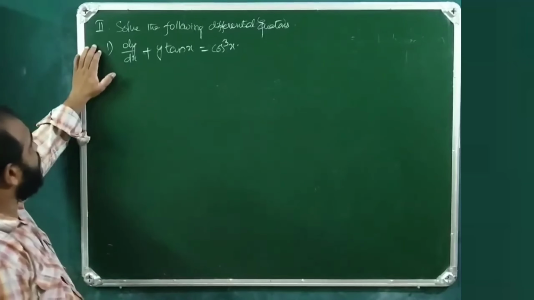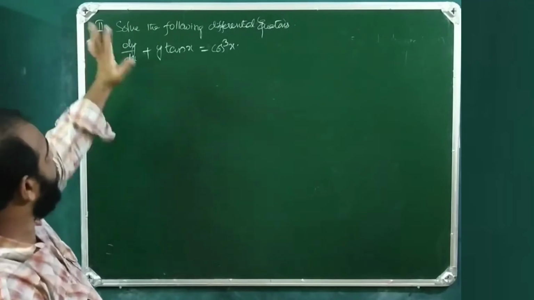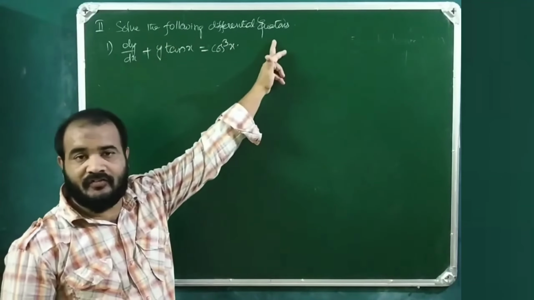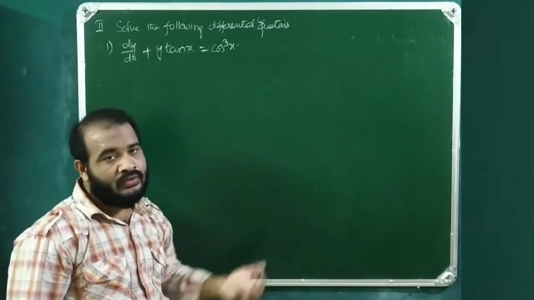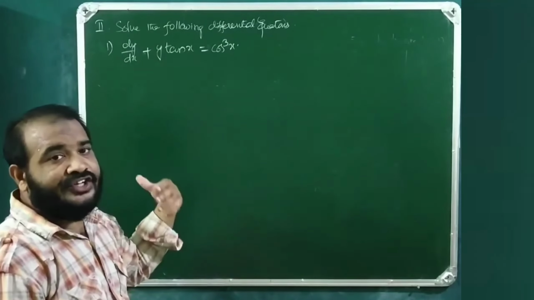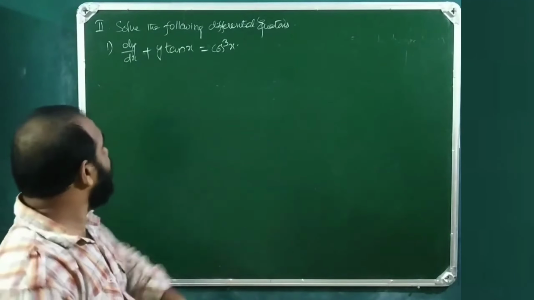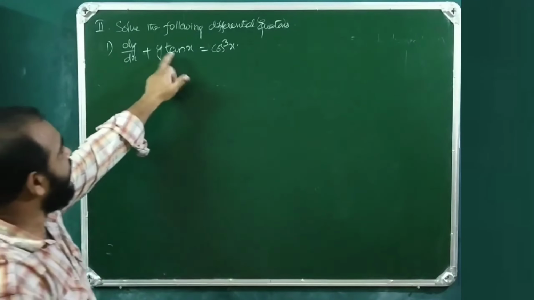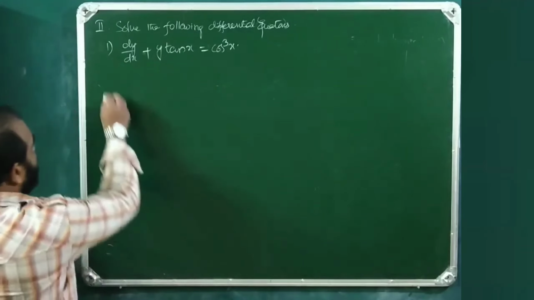Let us solve the second problem of this exercise. Solve the following differential equations. That is, we need to find the general solution at the end. So dy by dx plus y tan x equals cos cube x.